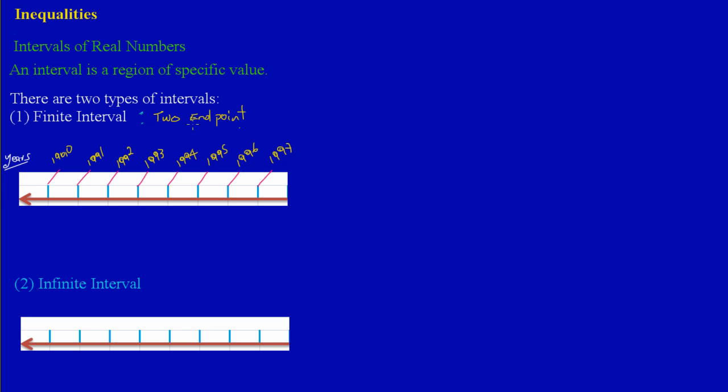Now, what do I mean by a finite interval and two endpoints? Let's use a quick example to illustrate that. Let's say Mark started college in the year 1991 and he finished college in the year 1996. If I'm asking Mark between which years he attended college, Mark would say he started college in the year 1991.